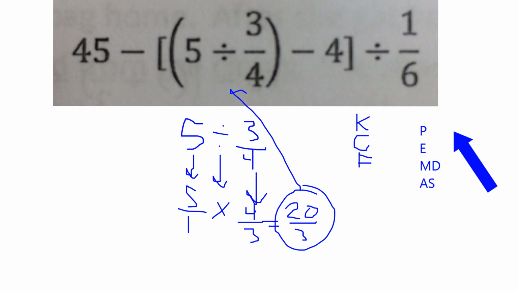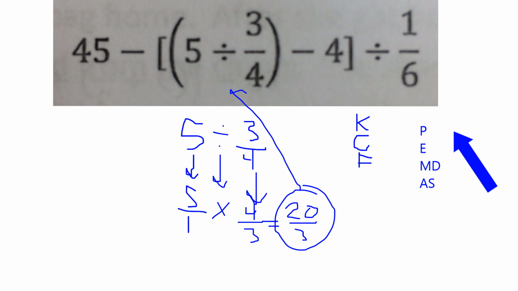Like we talked about in class, the way that we divide by a fraction is we use the keep, change, flip method. It's actually multiplying by the reciprocal, but an easy way to remember it is keep, change, flip. So we keep the 5, which is actually 5/1.